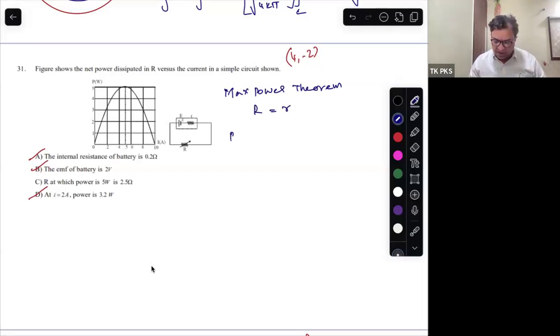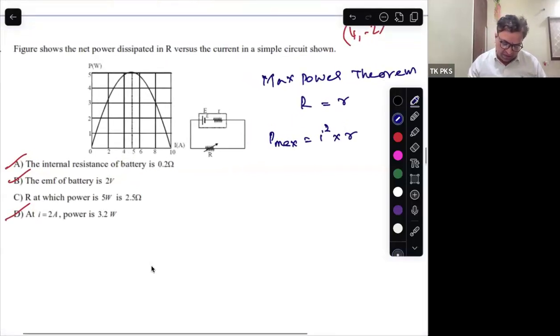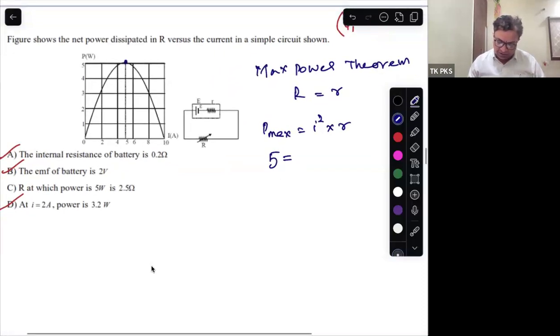So therefore, P maximum is I square times R. The maximum power given to me is 5, so 5 is equal to I square, 25 times R. So internal resistance is 1 by 5 or 0.2 ohm.